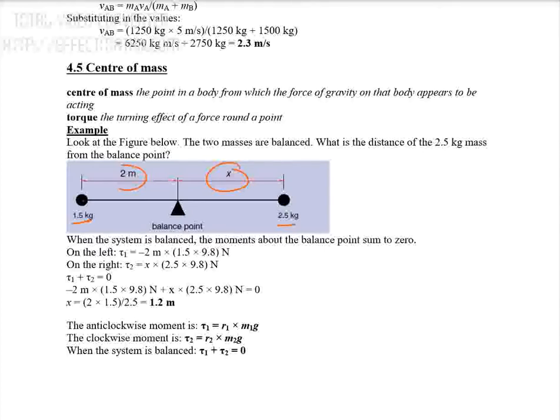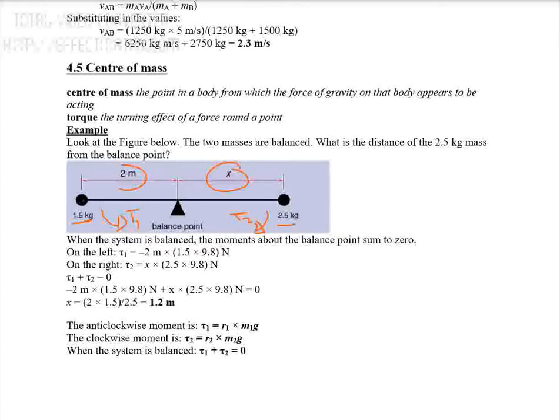Therefore, if it is balanced, the turning effect of this object is equivalent to the turning effect of this object. Let us say this one is torque 1 and this one is torque 2. This one is anti-clockwise, and since it is anti-clockwise, it's negative. The clockwise direction is positive.